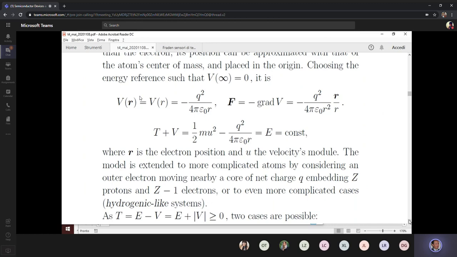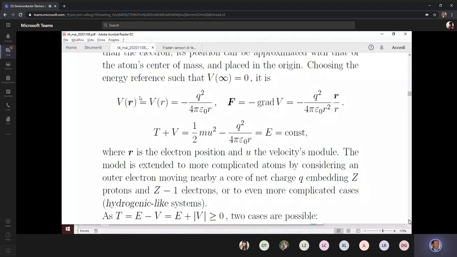So there will be one electron that will be more external than all the other electrons, okay? So what does the most external electron see? It will see a core made of Z protons of the nucleus and Z minus 1 electrons that are internal to it, to the most external electron, okay?